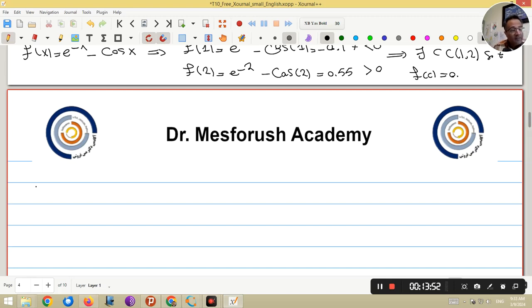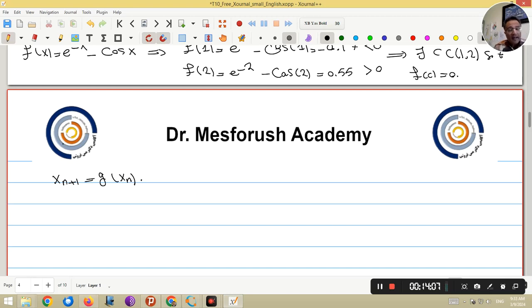Now, we have to find x_{n+1} equal to g of x_n, and we have to find g of x from f of x.